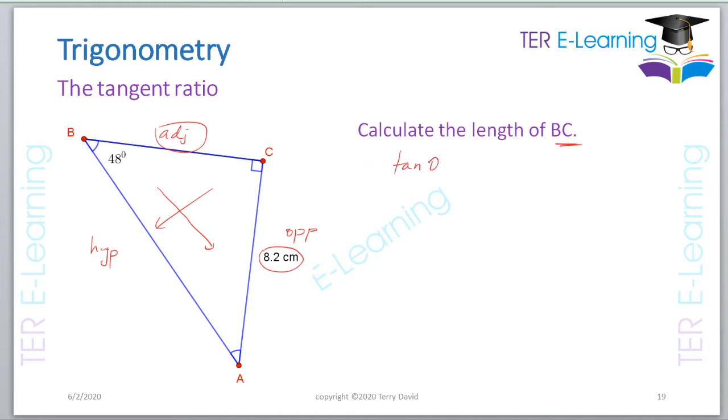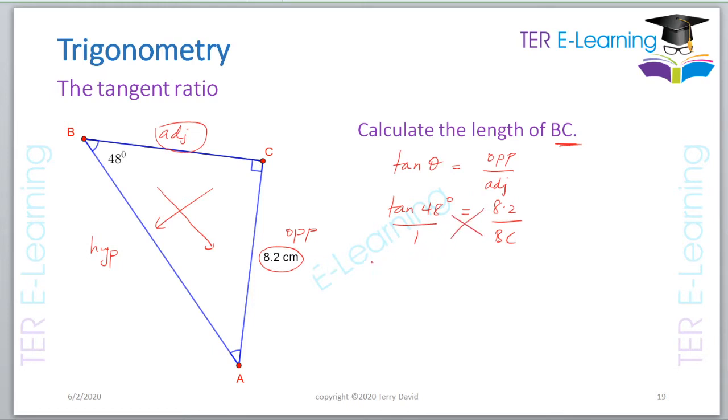So tan theta is equal to opposite over adjacent. Right? So therefore tan 48 degrees is opposite, which is 8.2, divided by adjacent, which we don't know, which is BC. All right, again, we're going to have to cross multiply. So put tan 48 over 1. So we're going to cross multiply this way.